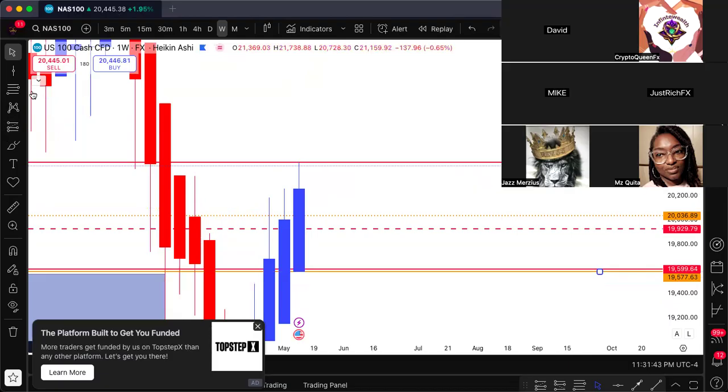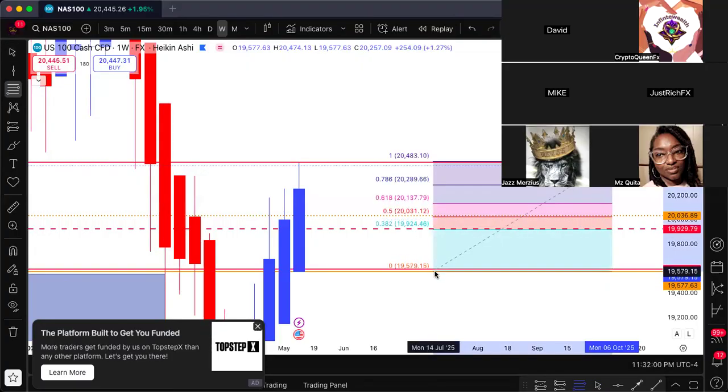19,577.63 is the low. I love scalping. Call me the 9/11 scalper. The high is 20,474.13. That's what's up.